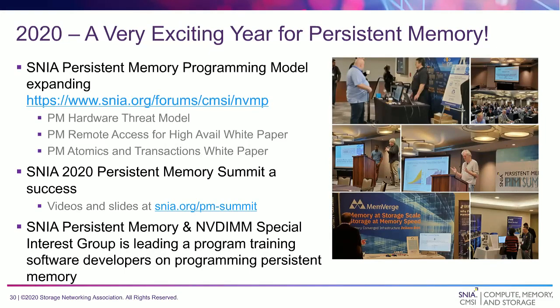We developed and added a library for the hardware threat model. We've provided some white papers for remote access for high availability. So this would now actually be able to use persistent memory in a network and do remote access to persistent memory if your system doesn't have it. And then also an atomics and transactions white paper digging further into the programming model itself.